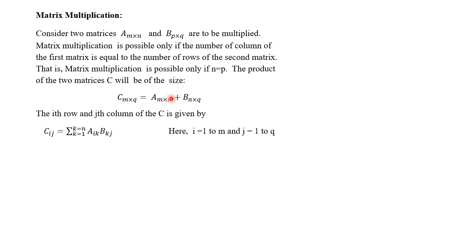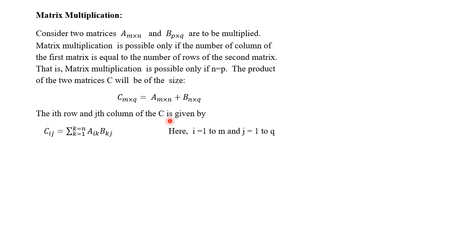It is a multiplication sign. So C, m by q, is equal to A, m by n, multiplied by B, n by q. So the size of the multiplied matrix will be m by q.